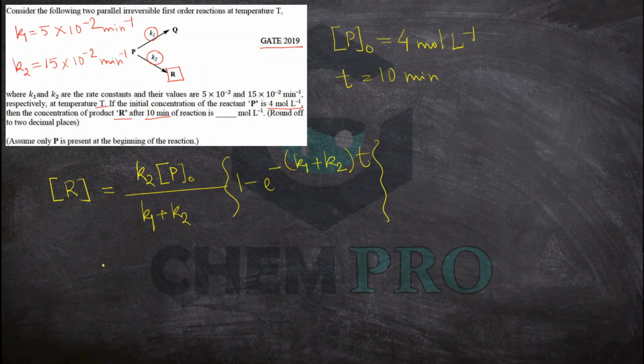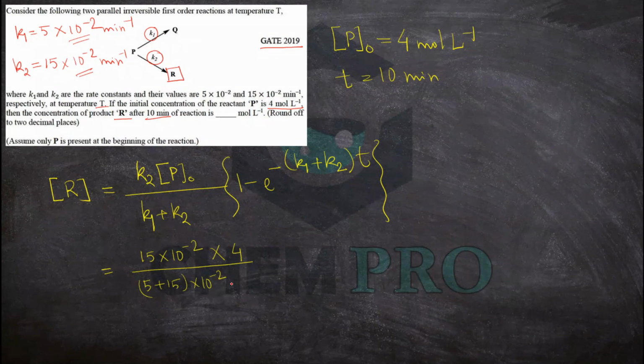Now putting the values: K2 is 15 into 10 to the power minus 2, and P0 is 4, by K1 plus K2, that is 5 plus 15 into 10 to the minus 2. Here we can take 10 to the minus 2 common from K1 and K2.